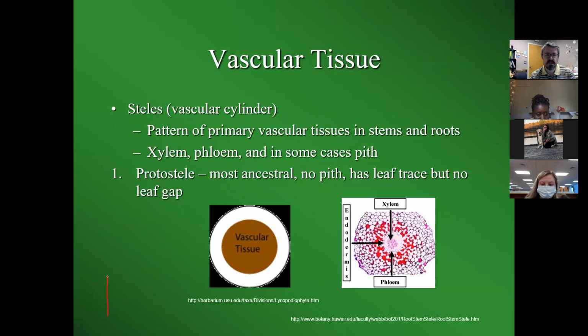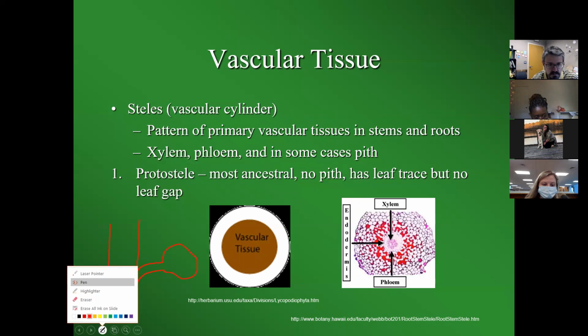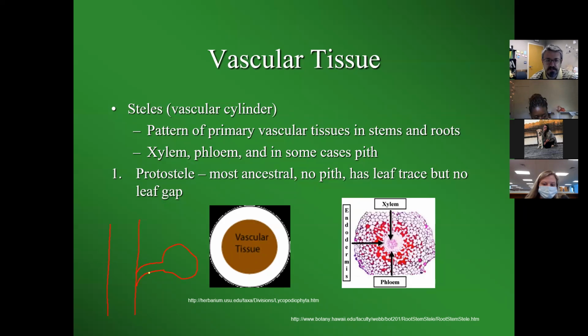So here's your stem. And of course, eventually we'll get this where we'll have some leaves that come off the stem. See if I can change the color. I'm gonna do yellow. So we've got vascular tissue running upwards.